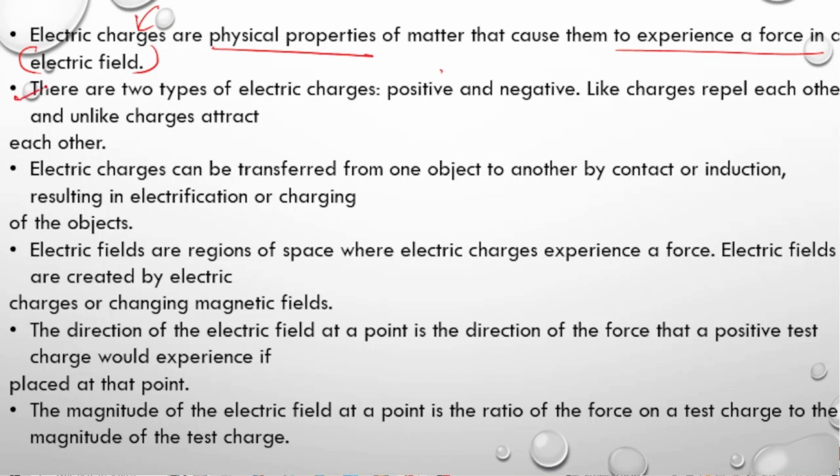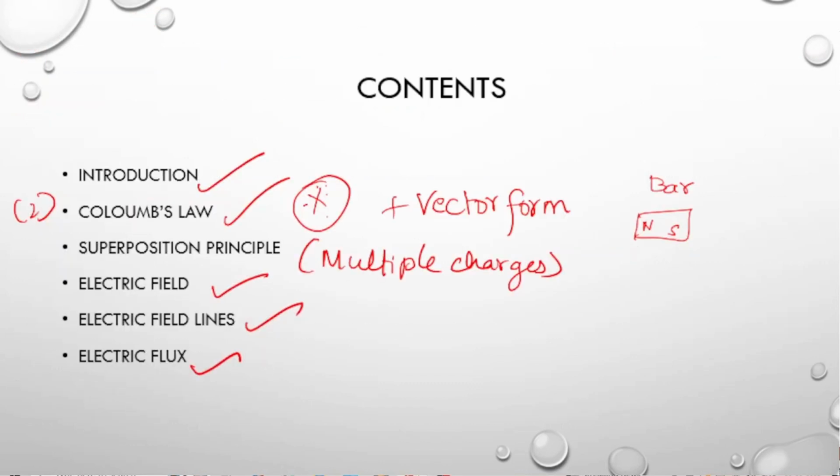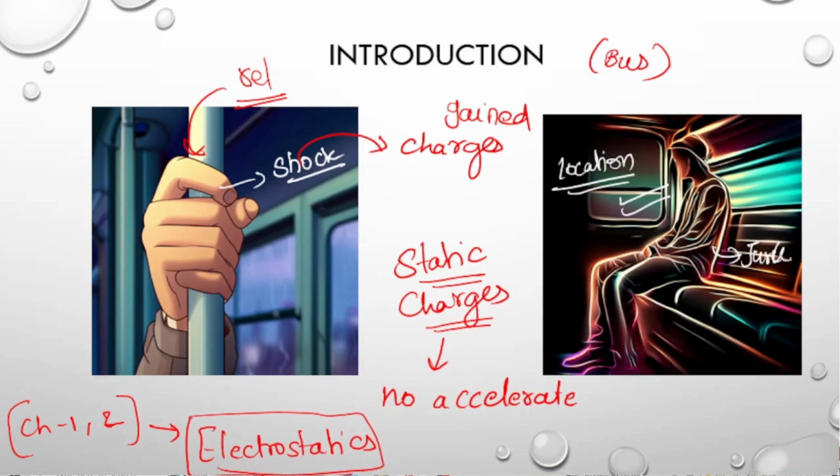Now this is important. We all know that there are two types of charges. What are the two types of charges? For example, you take an atom. How does the atom look? It looks something like this.